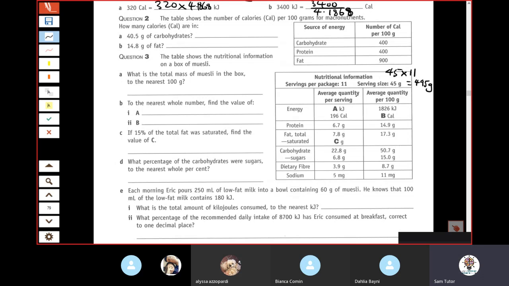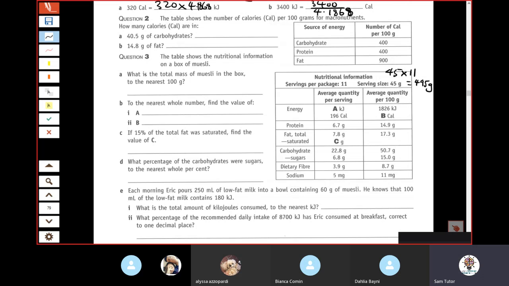Energy, average quantity per serving is missing at the moment, and then it's 196 calories. But I was given the average quantity per 100 grams, so I can convert that to per serving if I needed to by just working out how many times 45 goes into 100 and then dividing accordingly, which I'll do with you. Protein, there it is, fat and carbs, fiber and sodium.